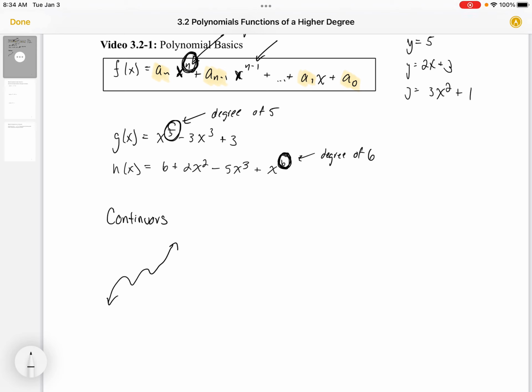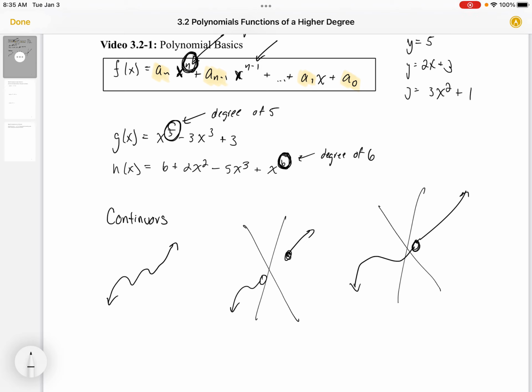This would be a continuous polynomial. Something that has a break in it, like something like that, is not a polynomial. If it just has a hole, like this, this has a hole right here, that would not be considered a polynomial either.